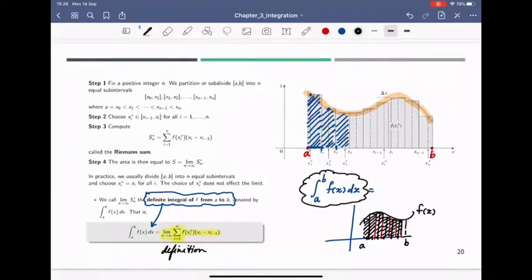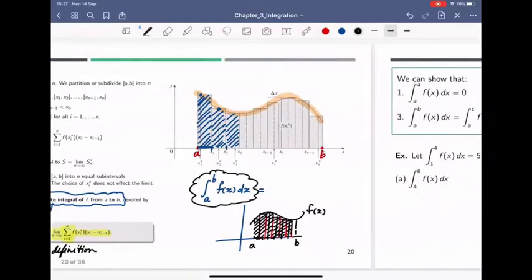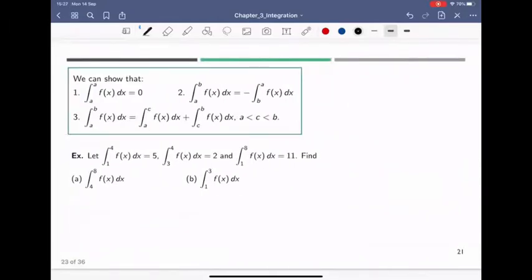And that is going to help you compute integrals easily. You don't have to draw the picture and compute the Riemann sum at all. All right, so let's stop here for the definition of definite integrals. We are going to look at the properties and some examples.